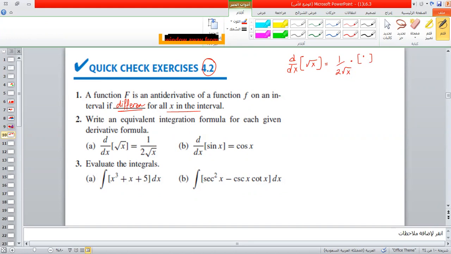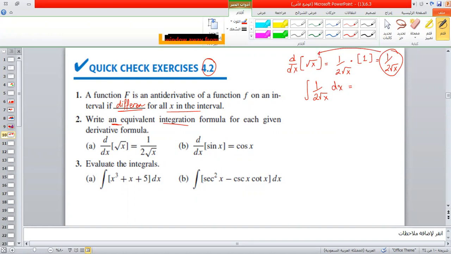The inner function here is x, so its derivative is 1. So it's 1 over 2 radical x. The question is asking for the equivalent integration formula, so we write the integral of 1 over 2 radical x dx equals what, guys?